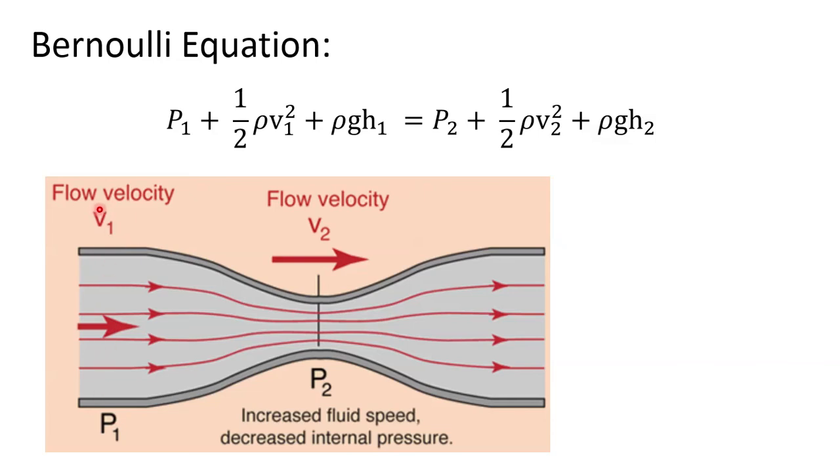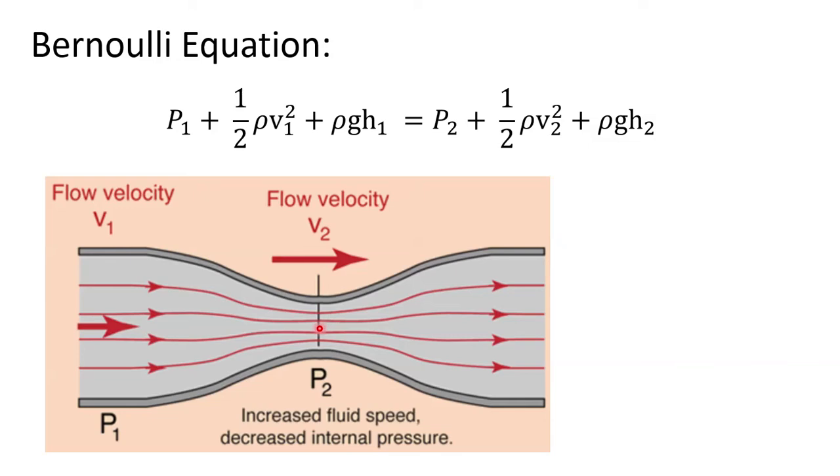You could think of it as flow speed. P1 is simply the pressure inside the fluid here, the internal pressure. Then you have terms with twos in them. That's describing this lower diameter area. V2 would be the speed or the velocity of the flow, and P2 would be the internal pressure at this point inside the fluid.